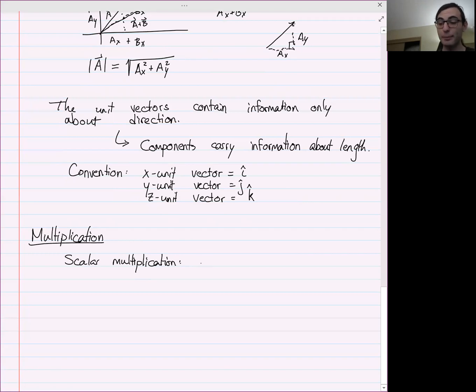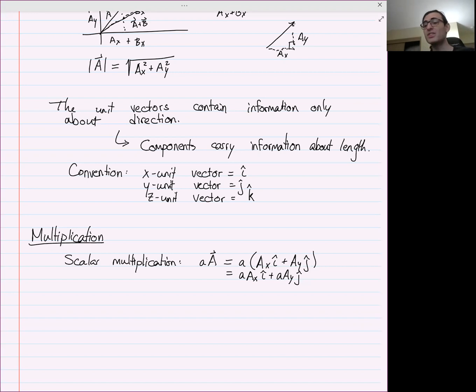So if you have a number, say, little a times the vector capital A, then if we break it up into components, this is just a times Ax in the i hat direction, plus Ay in the j hat direction. I'm going to assume it's a two-dimensional vector. So this is just a times Ax in the i hat direction, plus a times Ay in the j hat direction. And so all you're doing is stretching or shrinking each of the components by the same amount. That keeps the direction the same, but it changes the length.